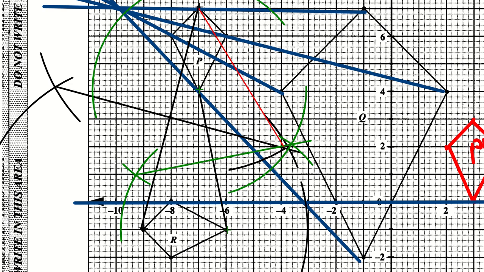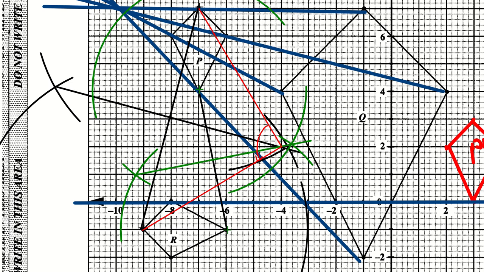This line here with the center of rotation and the corresponding line, which is this line here with the center of rotation. This is going to show me the angle it rotated. So first off, this rotated in an anti-clockwise direction because it is going in this direction here. That's this direction, so you know it's anti-clockwise.